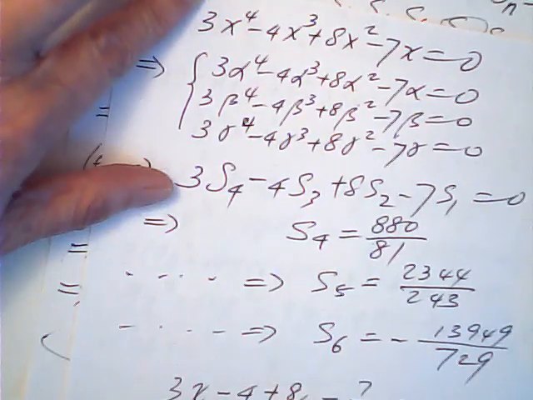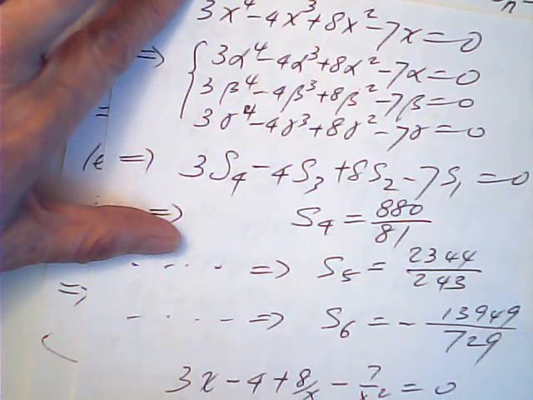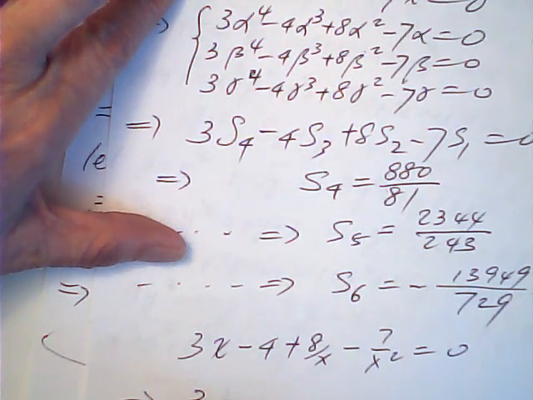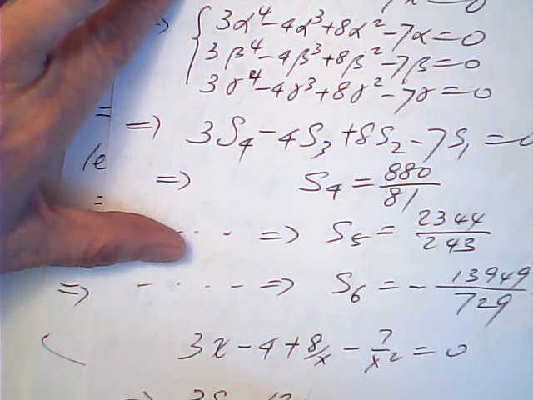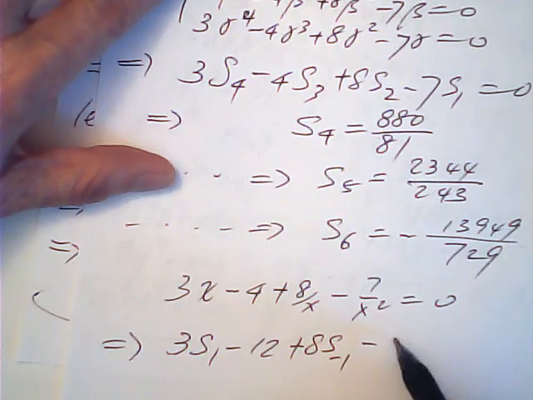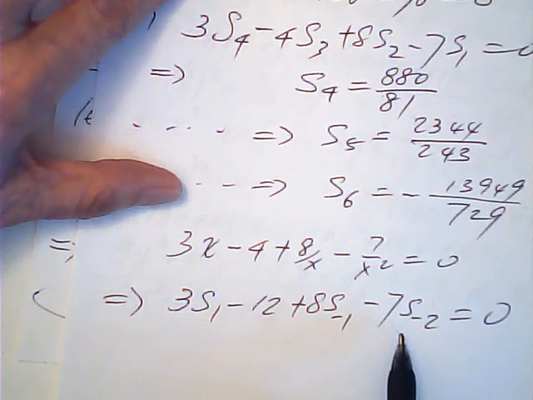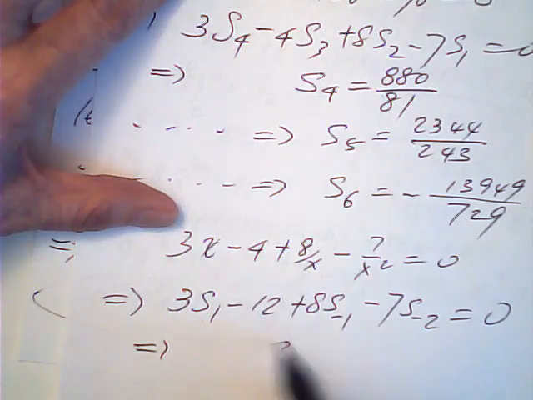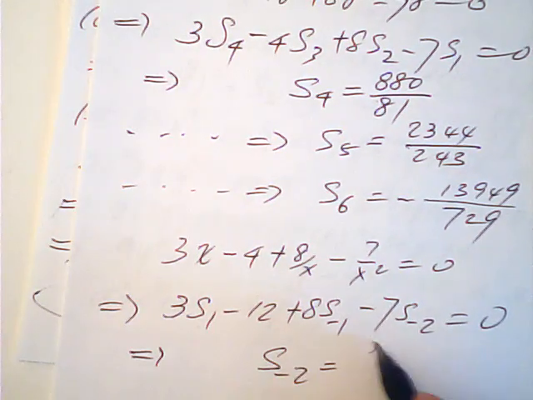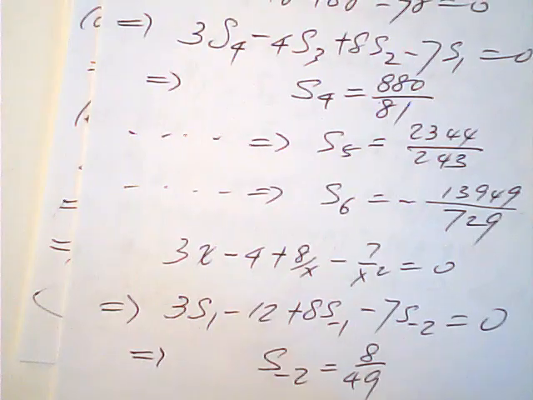Then we put alpha, beta, gamma into it and add up, so that we have 3 S1 minus 12 plus 8 S negative 1 minus 7 S negative 2. So we know this, we know that, so we can find S negative 2. S negative 2 is equal to 8 over 49.